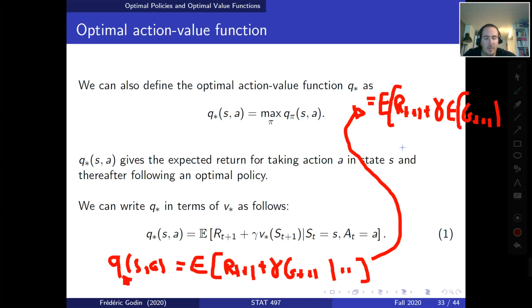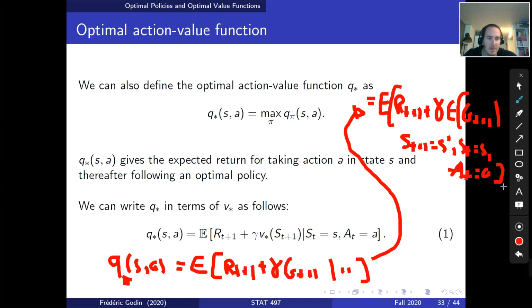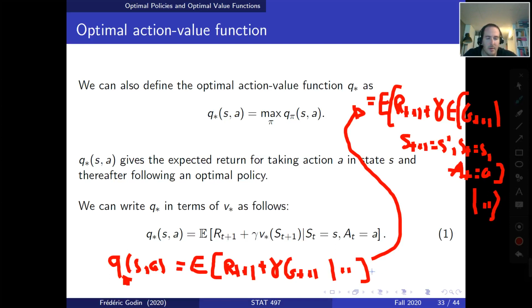given S t plus 1 is equal to s prime and S t is equal to s and A t is equal to a, given these conditions.